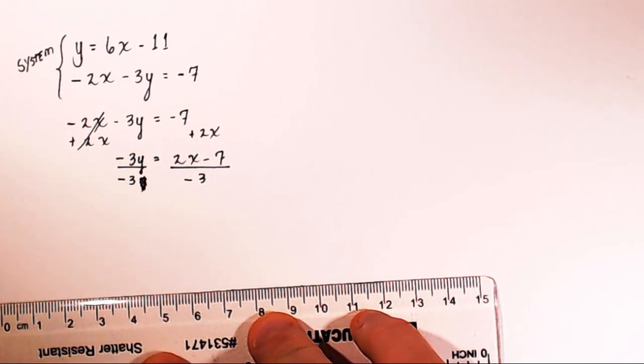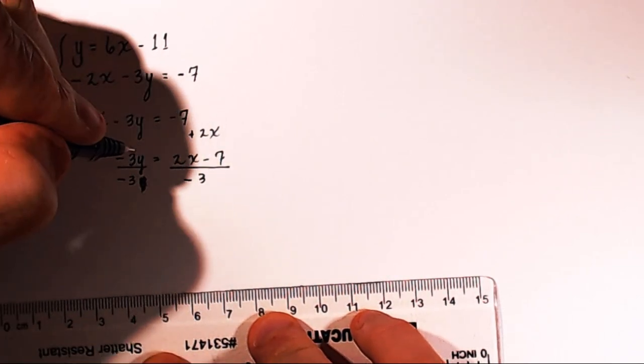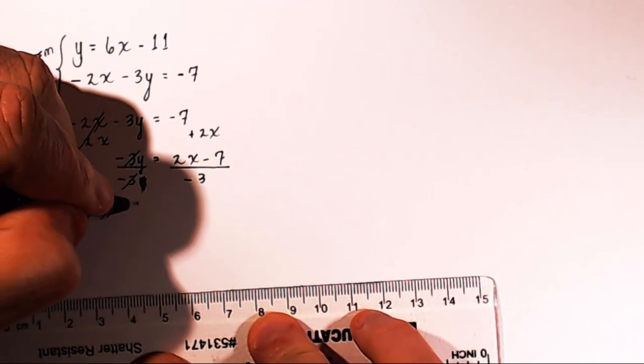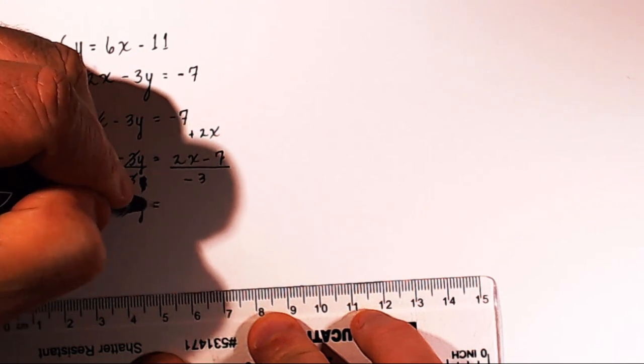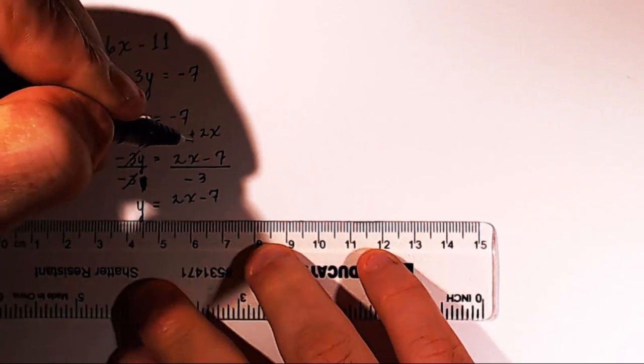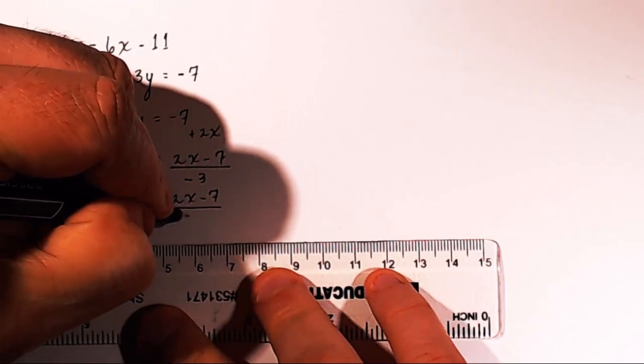So now what? Now we have to divide negative 3 by negative 3, which gives us 1, so y is alone. And we have y equals 2x minus 7 over negative 3.